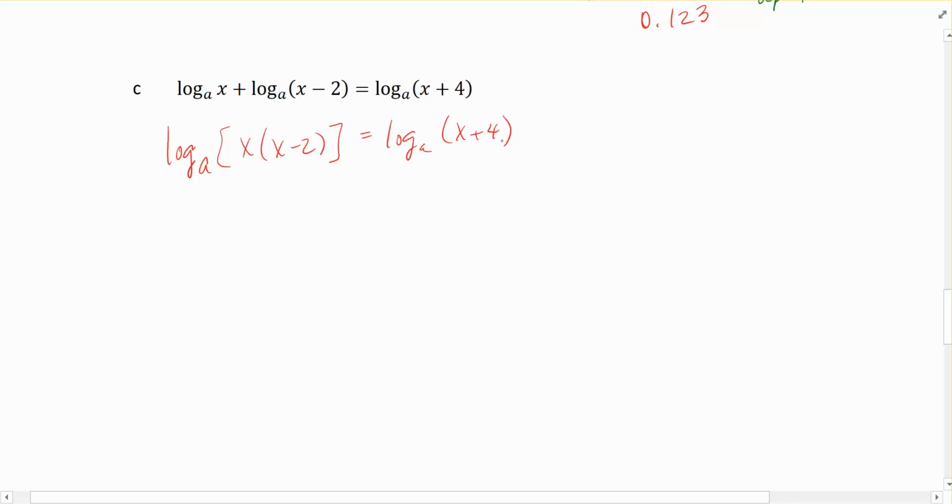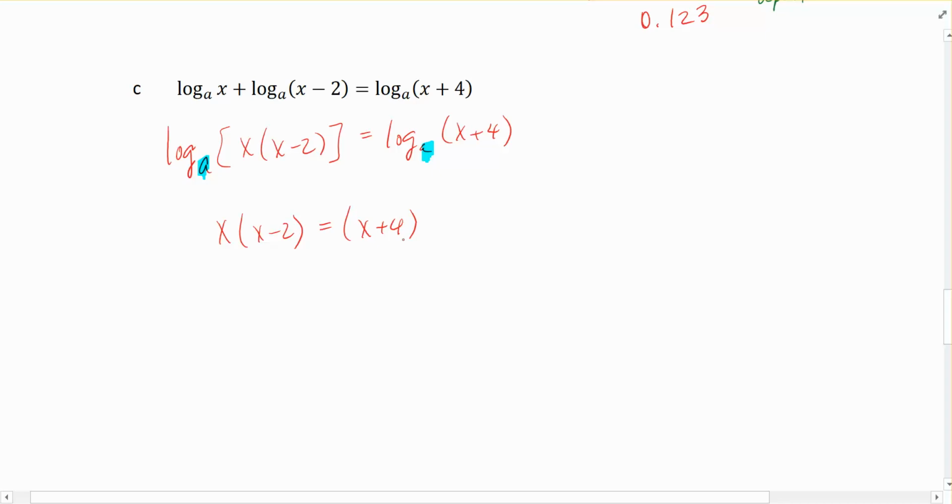So this time we were able to rewrite the left-hand side as a single log, and now what we have is log base a equal to log base a. So we can use the one-to-one property because our bases are the same, by setting the arguments equal to each other. So x times x minus 2 is equal to x plus 4. And we solve from here.